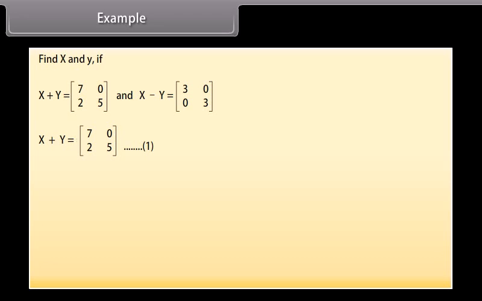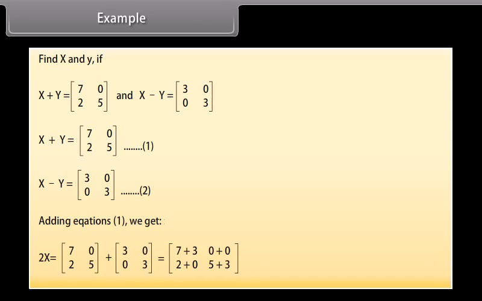Given X plus Y and X minus Y, mark them as 1 and 2. Now add equations 1 and 2, we get 2X is equal to the matrix, row-wise: first row 10 0, second row 2 8. Therefore, X is equal to the matrix, row-wise: first row 5 0, second row 1 4.